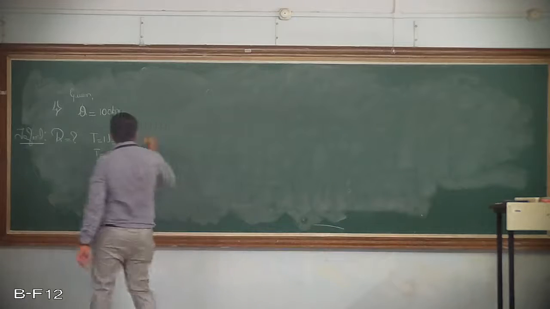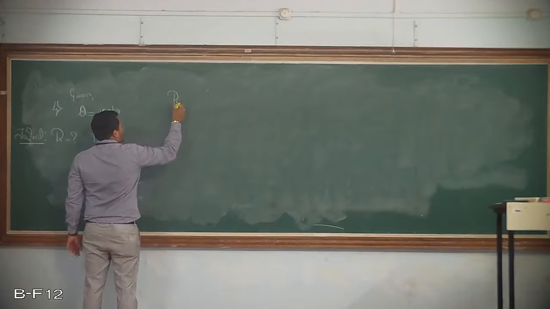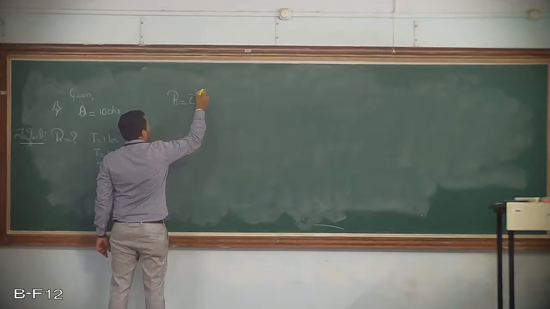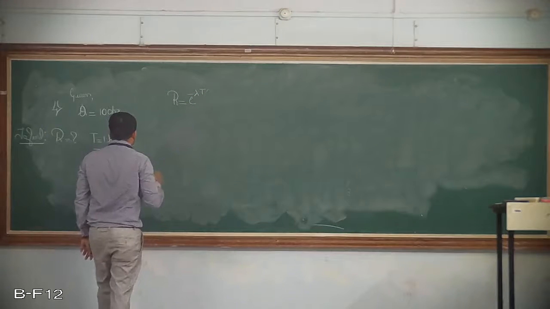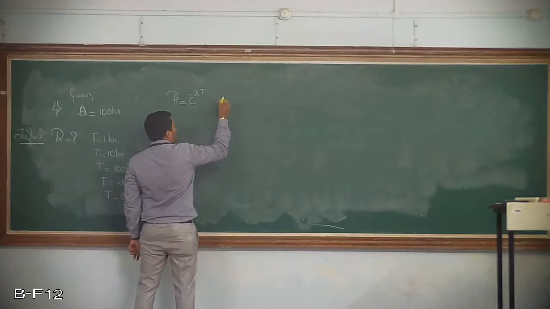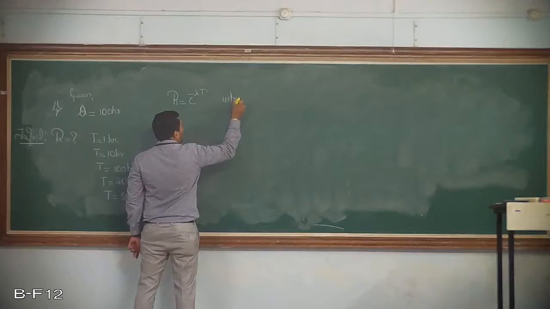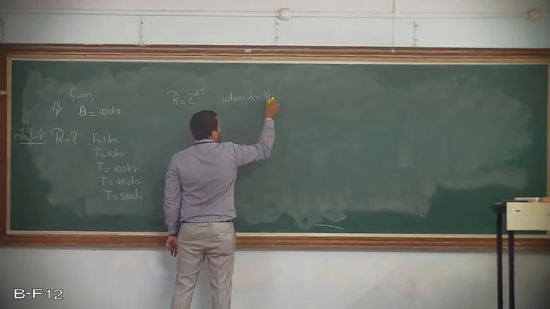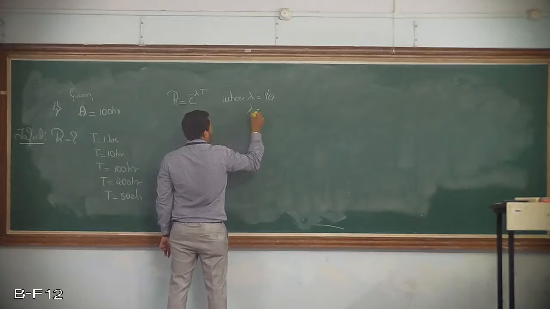So we know that the reliability is given by the equation e raised to minus lambda t, where lambda is the failure rate and is the reciprocal of mean time between failure.